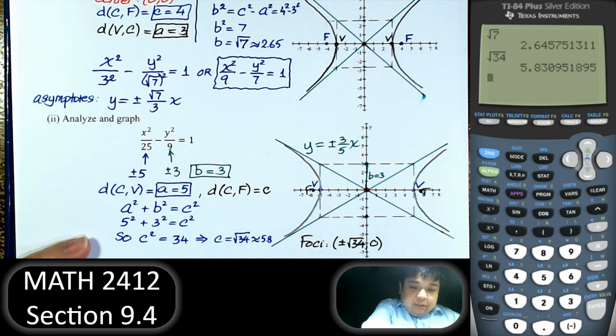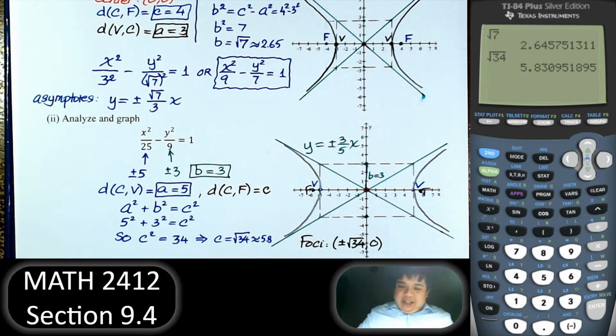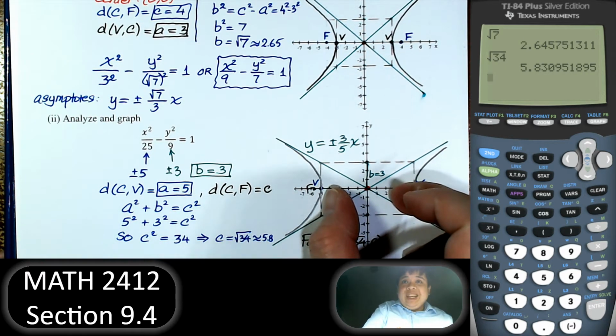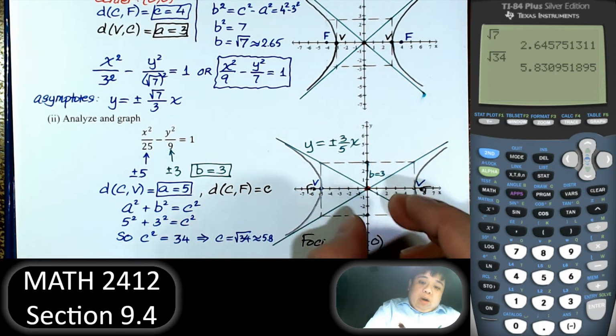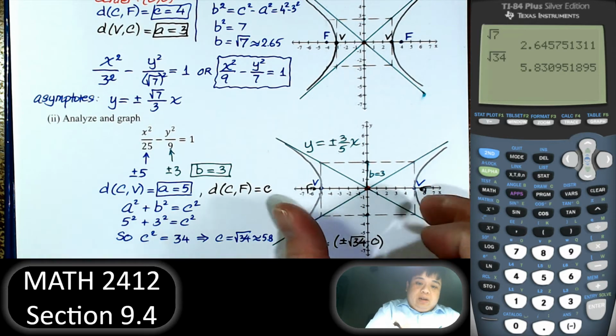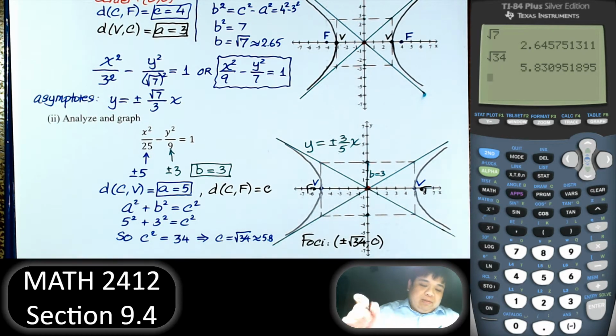Right? So, just like the ellipse, where the two foci will be inside the box, the hyperbola will be outside of the box, two foci outside the box. Right.